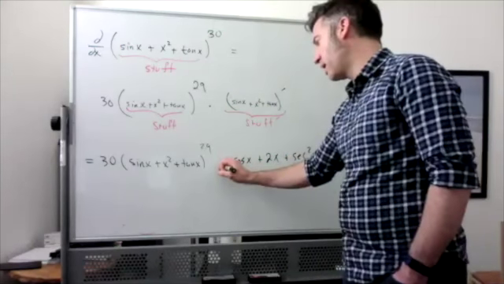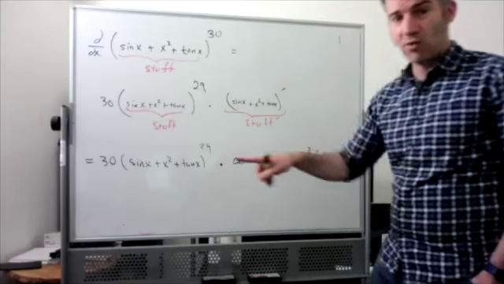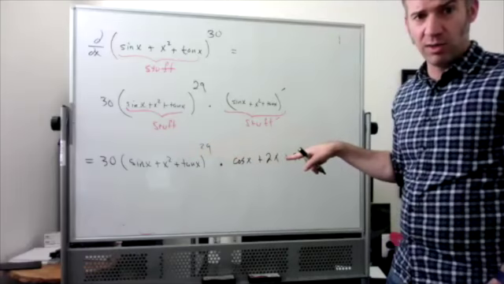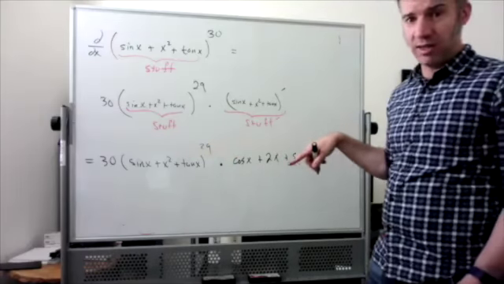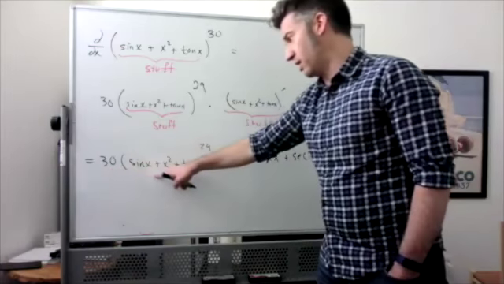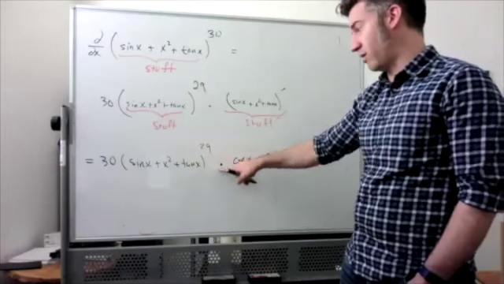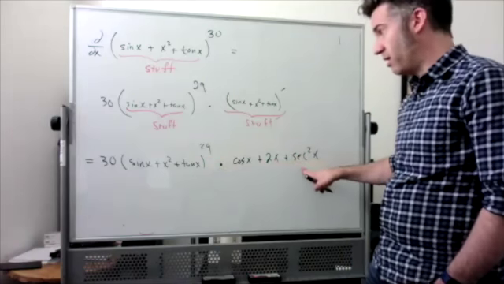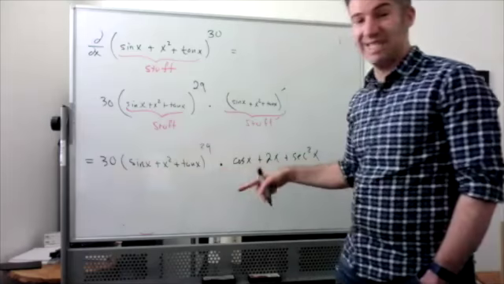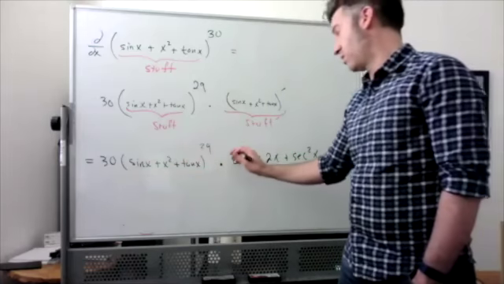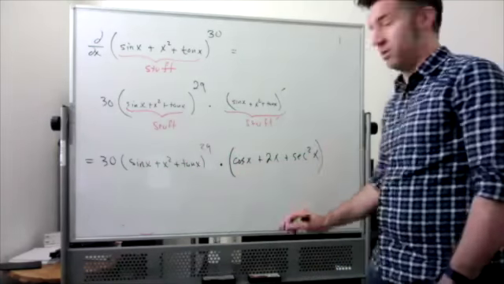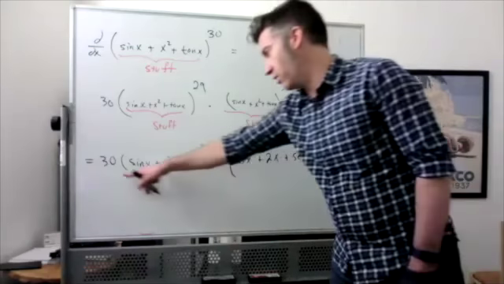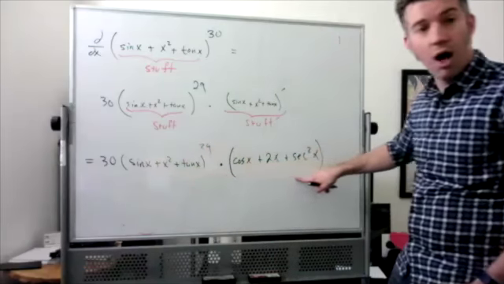And I want to really emphasize here, if you write it like this, you'll be a little bit wrong, because the way I've written it looks like it's 30 times sine x plus x squared plus tangent x to the 29th times cosine, and then plus 2x plus secant squared. But it should be this times the entire derivative of the stuff. So we have to have parentheses around that, so that it is this times all of this.